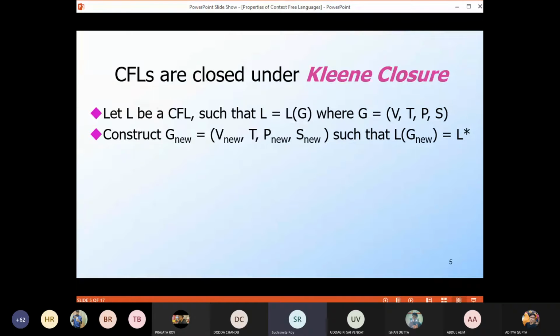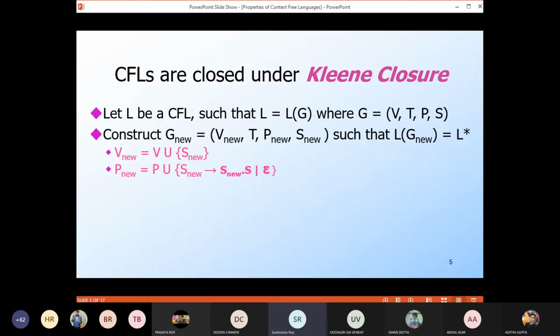The set of variables remains the same except for one new start symbol added, and the set of productions adds S new goes to S S new or epsilon. So this you can see will let you derive either 0 instances of a string or multiple instances, as you wish. So any such string you can derive using this grammar now.